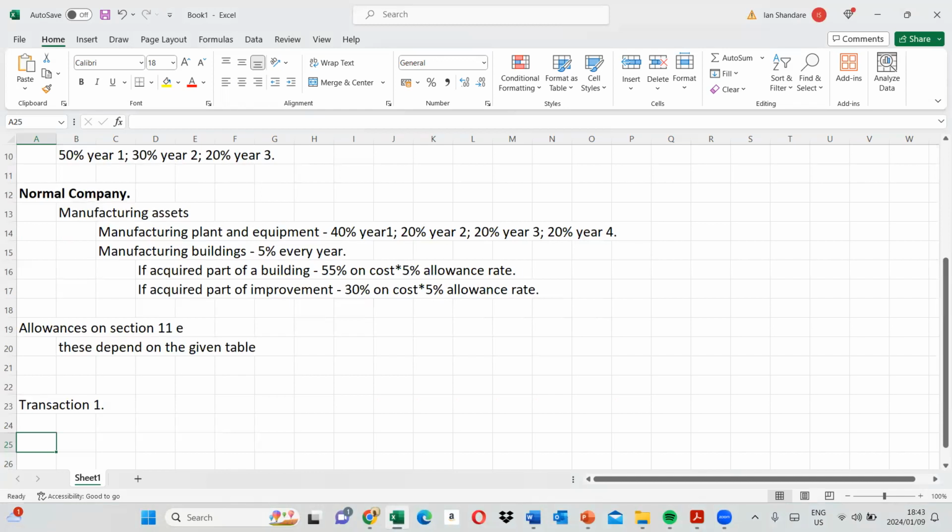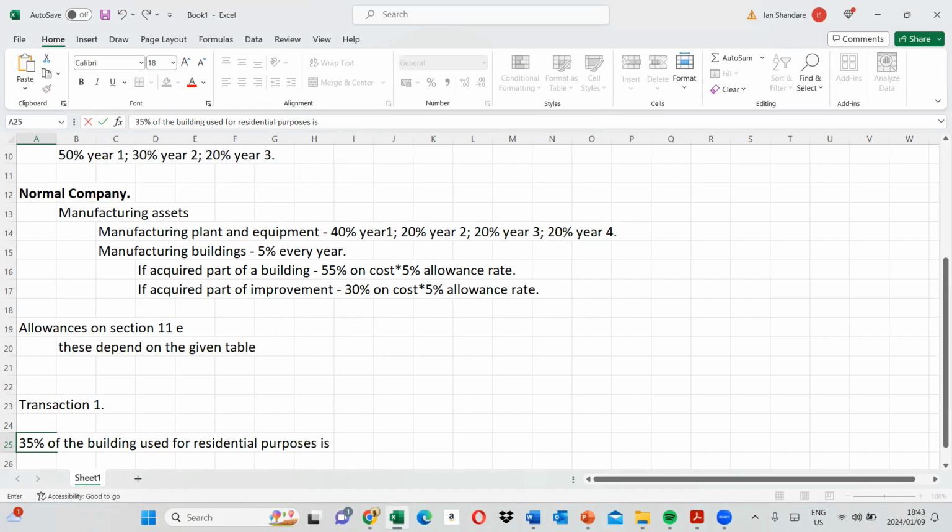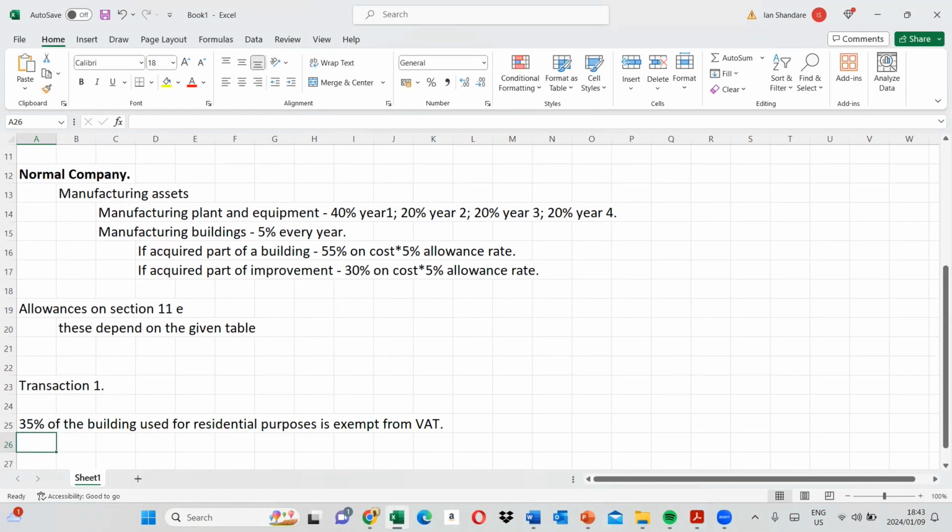So 35% of the building used for residential purposes is exempt from VAT. It's important that you still recall that. We said residential buildings are not subject to VAT. So when you have accommodation you're leasing out to tenants, there's no VAT.